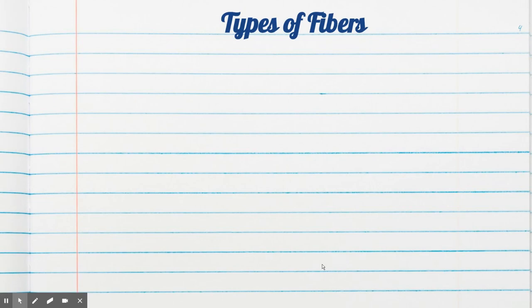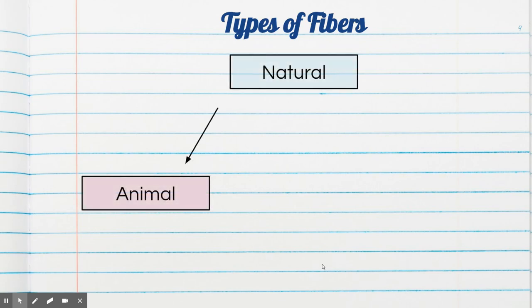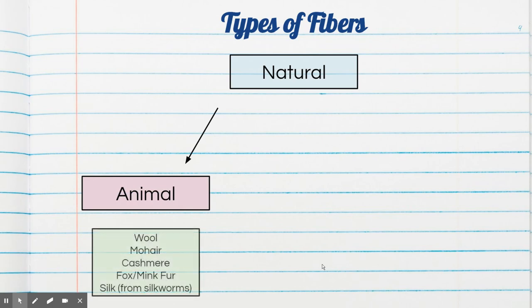When we talk about fibers, we're going to talk about two types of fibers, natural and synthetic. Technically, synthetic can kind of be split into chemically altered and synthetic, but we're just going to lump them into one. Natural fibers are ones that are produced by an animal: wool, mohair, cashmere, angora, fox or mink fur, and also silk, produced from the cocoons of silkworms.